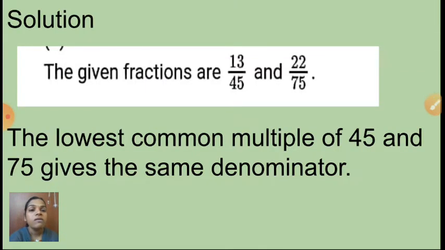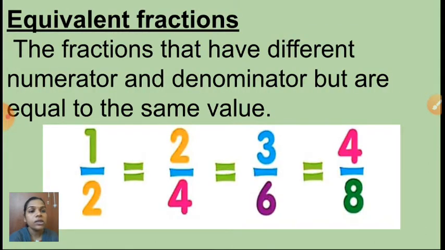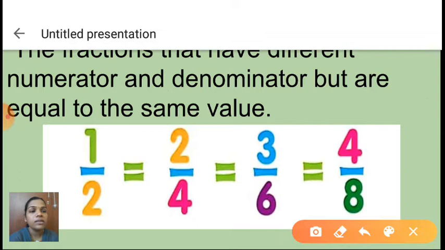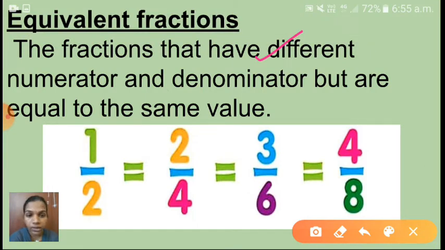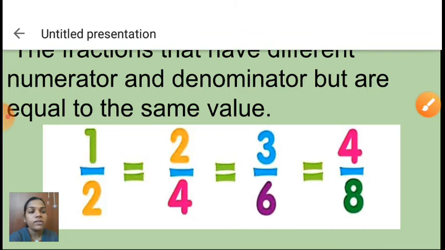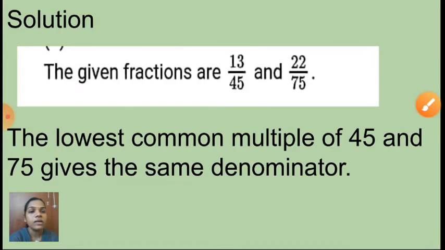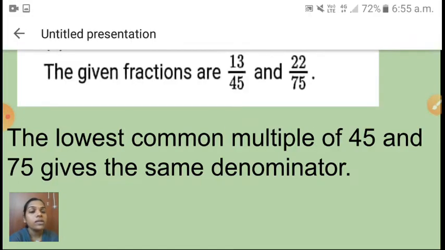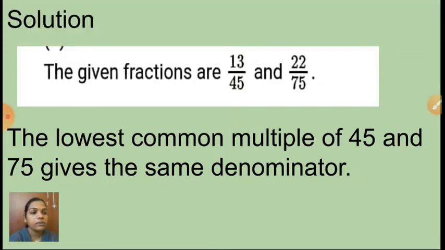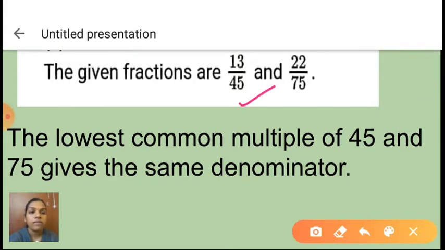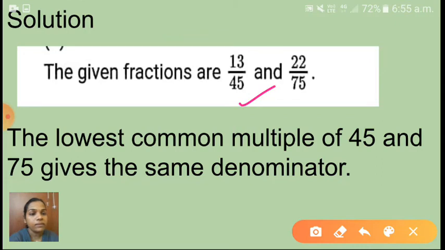So children, from here you have to write in your notebook. It is not necessary to write this part in your notebook. The question you have to write first, and afterwards this one. The given fractions are 13 upon 45 and 22 upon 75.